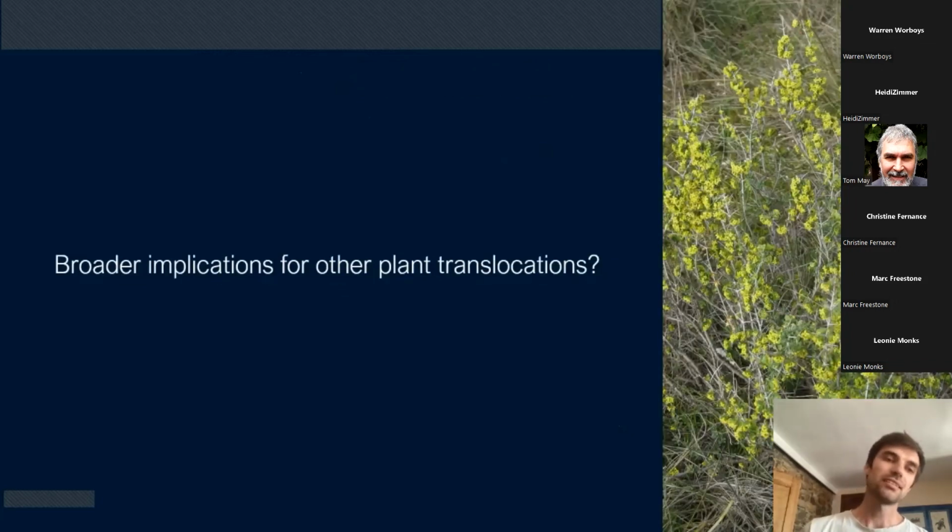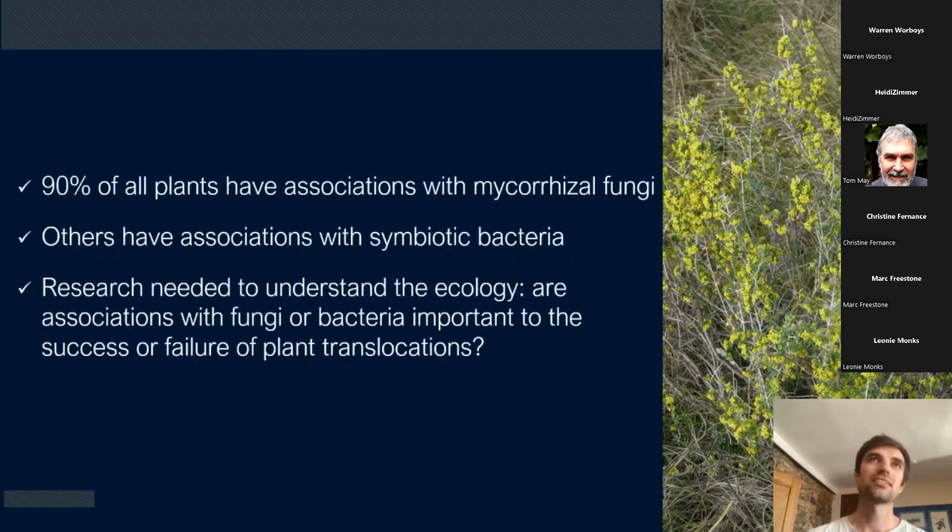And I guess finally, to touch on some possible broader implications for other non-orchid plant translocations. Orchids tend to be quite popular and well studied relative to other plants in general, perhaps, particularly when it comes to researching their relationships with mycorrhizal fungi.